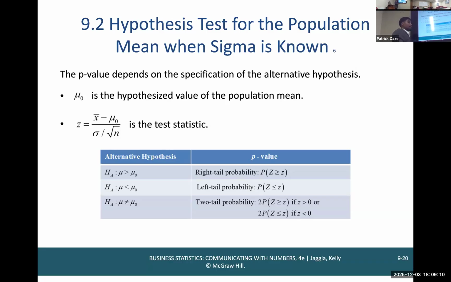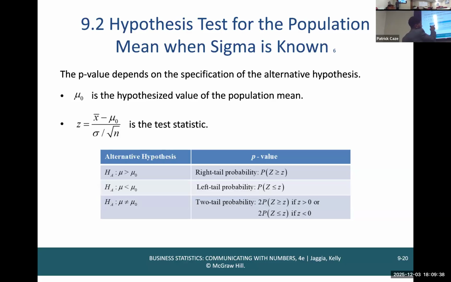Basically, the null hypothesis is not going to get rejected because it's by chance. There's nothing special here. But here, the population mean is less than the null. There's something happening here, and so we will take a look at it.